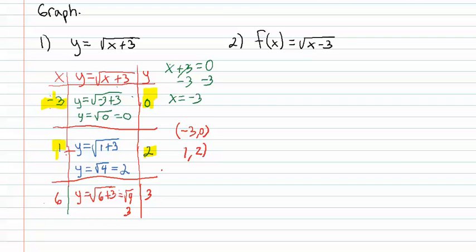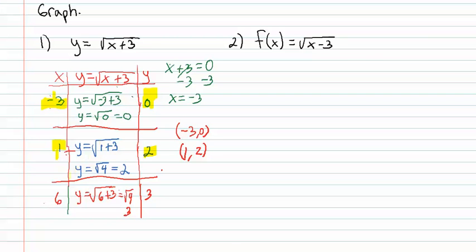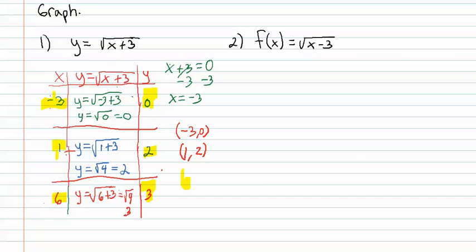And then my other ordered pair that we found was 6 and 3. Alright, so now I'm going to take those ordered pairs. Oh, shoot. Sorry. Having a hard time with this cursor today. It is 6 and 3. There it is.